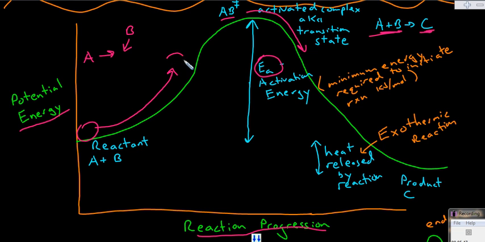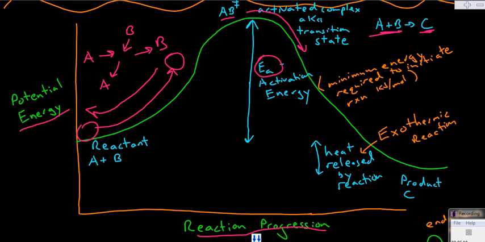Although in many cases, there is not enough kinetic energy and therefore not enough potential energy for the reaction to proceed all the way. And so instead, it will go back into its original form, in which A and B might then bounce off of each other and no reaction occurred.